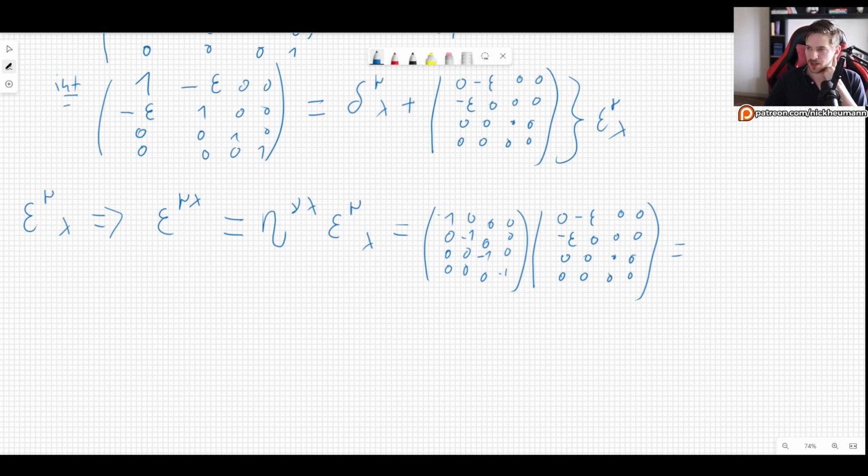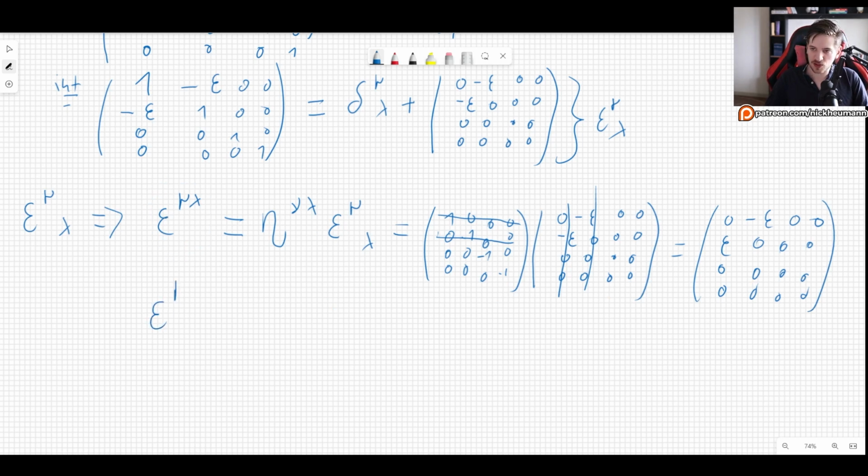That element right there is this times this. So we get 0 minus epsilon 0, 0. And this element is this row times this. So we end up getting plus epsilon. And a bunch of zeros. Okay, so that is what epsilon mu lambda looks like, written like that.